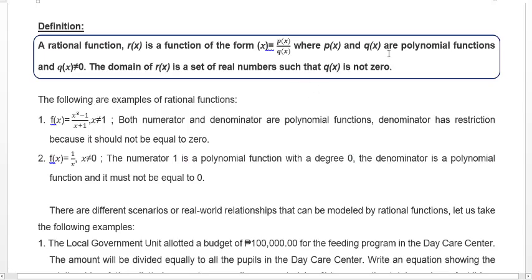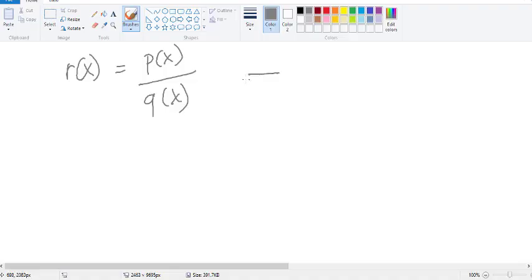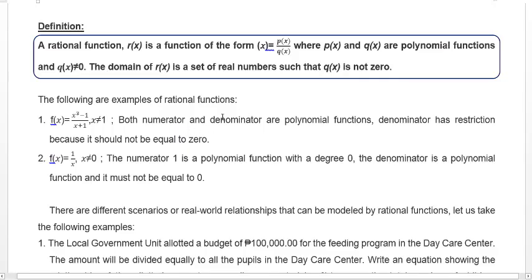So, there is a rational part, such that Q of x is not the 0 function. Kasi nga, it will be undefined. So, for example, magbigay tayo ng example dito. F of x is x cubed minus 1 over x plus 1. It is a rational function if and only if x is not equal to 1.